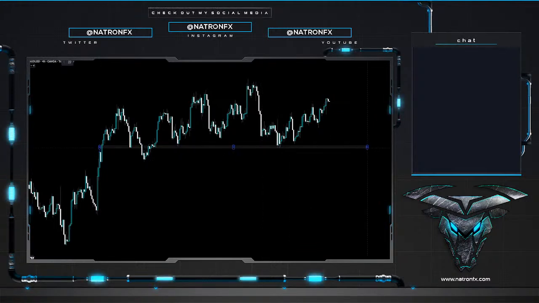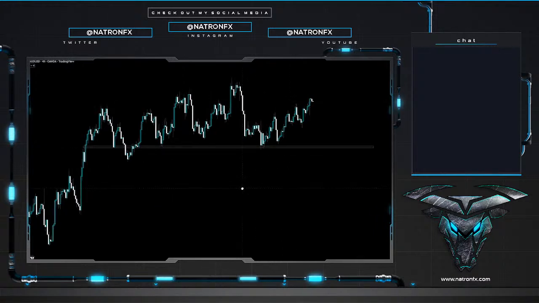You could call this a zone too. Even though it's broke here, I mean, it still has some touches where it's been respected.